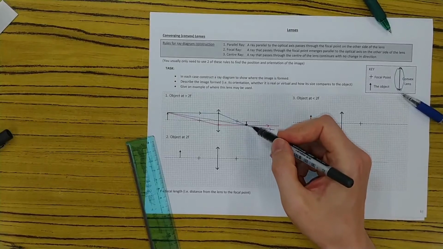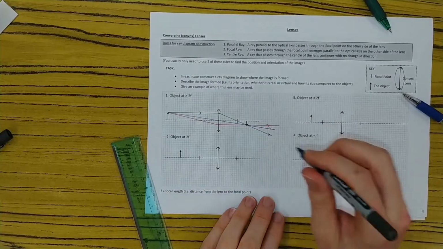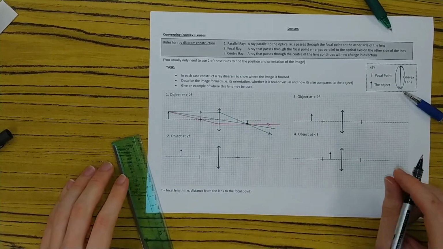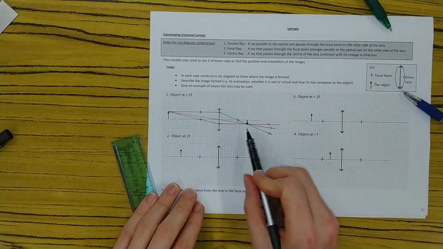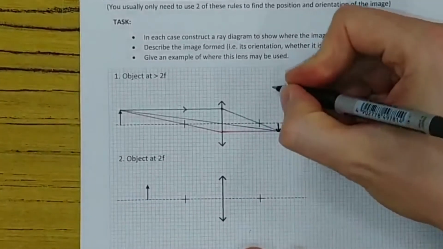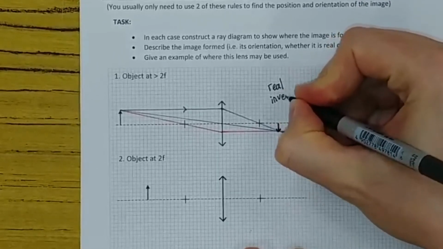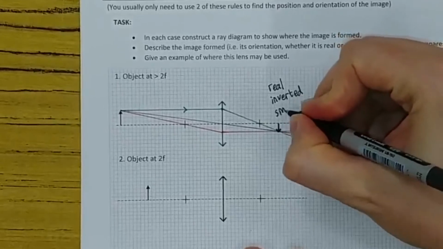So in this case, we can see that the image is smaller, it's inverted, and it is a real image. It's not a virtual image because these are the rays of light that are meeting at this point. So I'll write that down. It's real, it's inverted because it's upside down, and it's smaller.